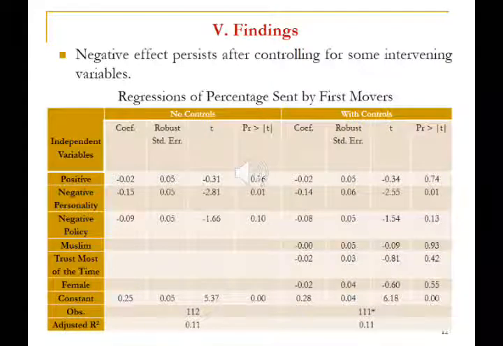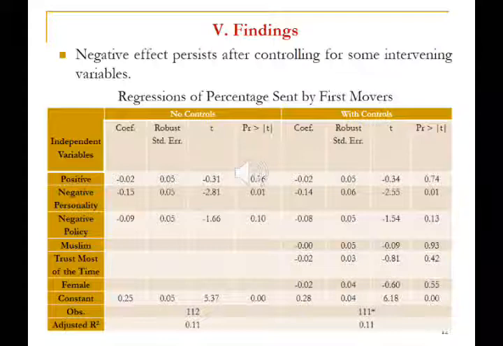So we're not, of course, just comparing means. In any paper you also have to do regressions, because then you can control for intervening variables. And as you can see, this is just a short version of the regression that we did, where we control for subjects' background variables like religion, gender.